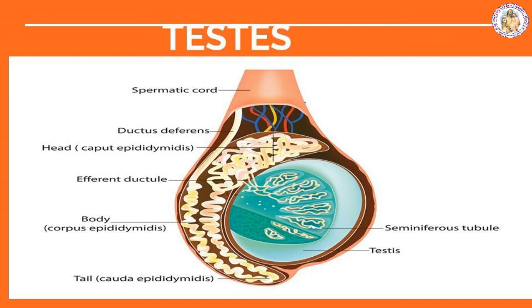They are composed of seminiferous tubules, the Leydig cells and Sertoli cells. The endocrine part of the testes secretes the male sex hormone called testosterone. What are the functions of testosterone? It controls the process of spermatogenesis, protein synthesis and muscular growth.